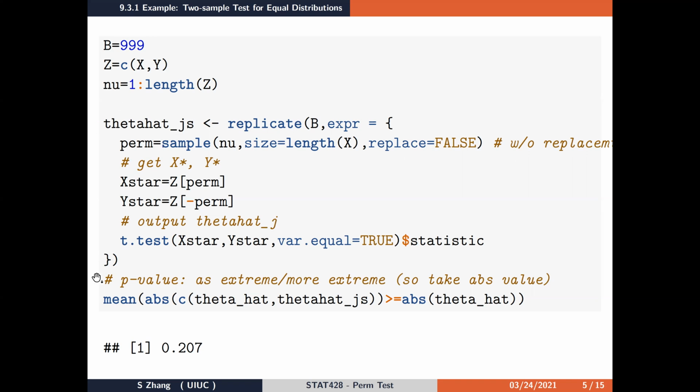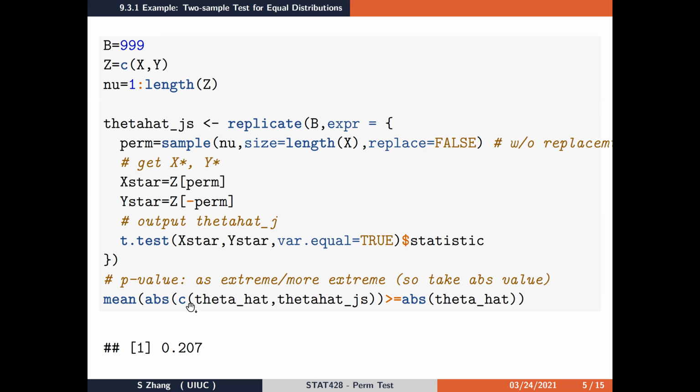So this can be done as follows. What we need to do is to compute the p-value, which is simply the mean of the absolute value, because we want to do a two-sided test, of concatenated elements theta hat and theta hat j's.